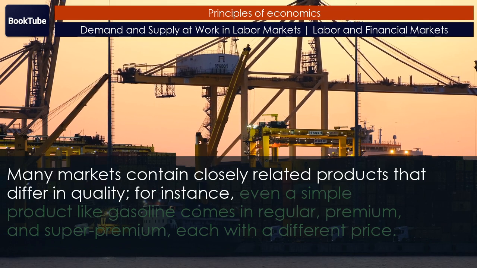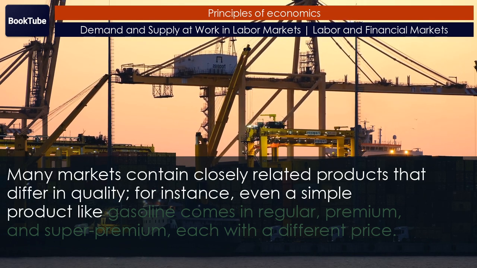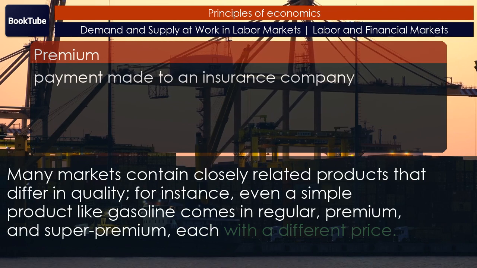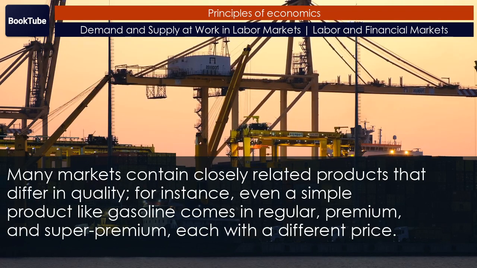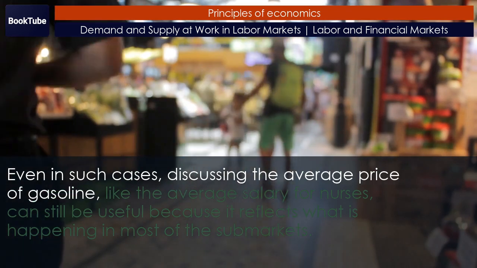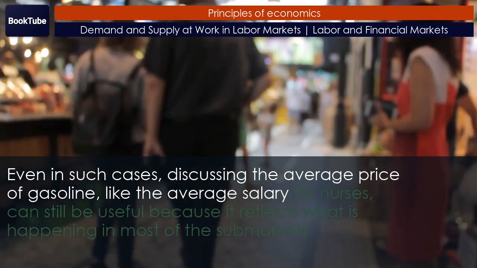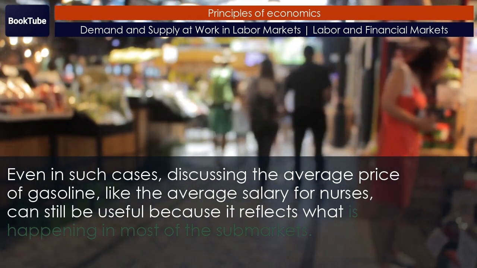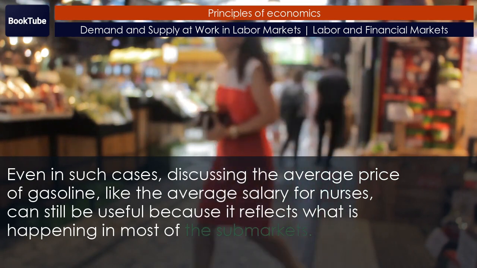For instance, even a simple product like gasoline comes in regular, premium, and super premium, each with a different price. Even in such cases, discussing the average price of gasoline, like the average salary for nurses, can still be useful because it reflects what is happening in most of the submarkets.